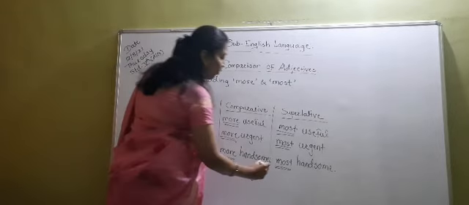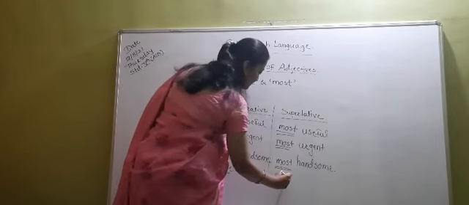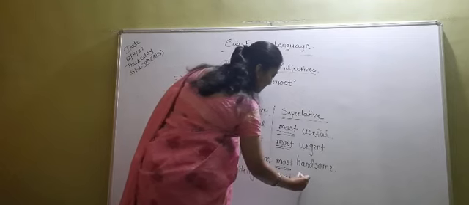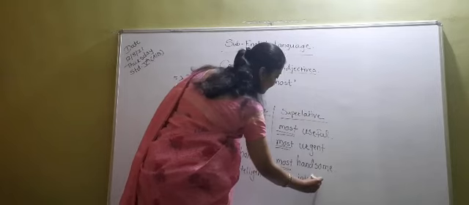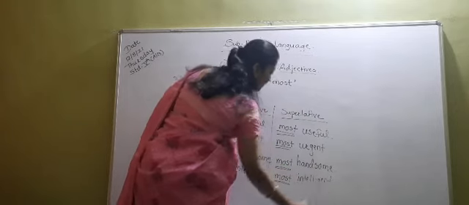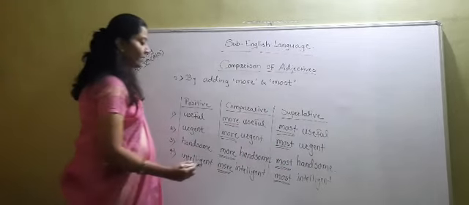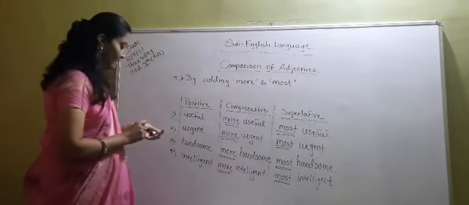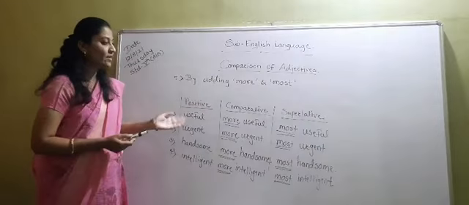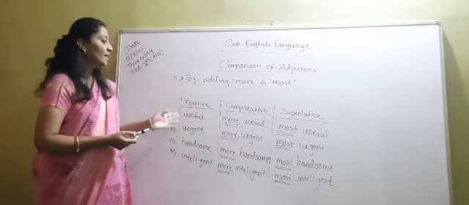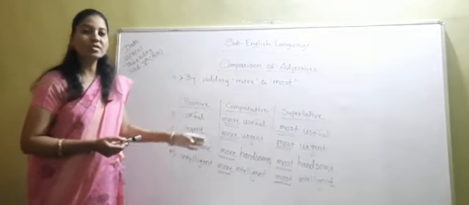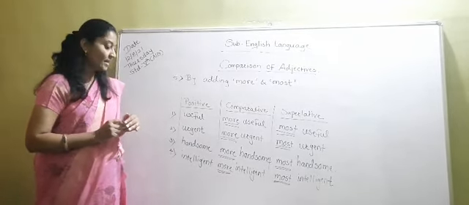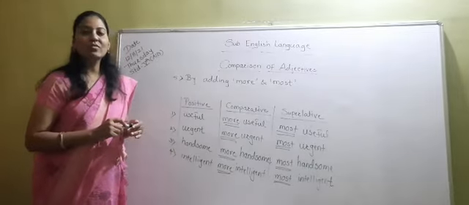And then most intelligent. Like this. You can form comparative and superlative degree by adding more and most to the adjective. Isn't it very easy? Yes. So let's move forward.